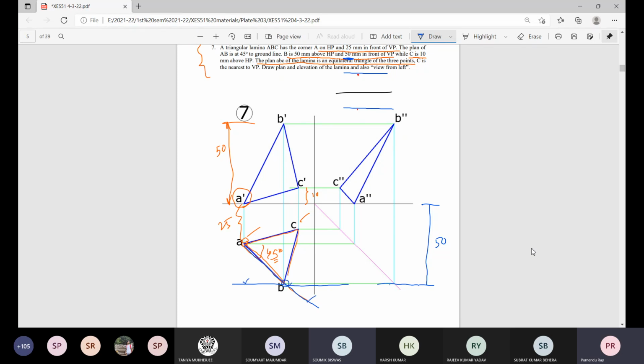This point of intersection will show you the location of the plane B. Done? Now through this point B, draw a vertical projector and meet this level 50 millimeter to get the elevation of B.